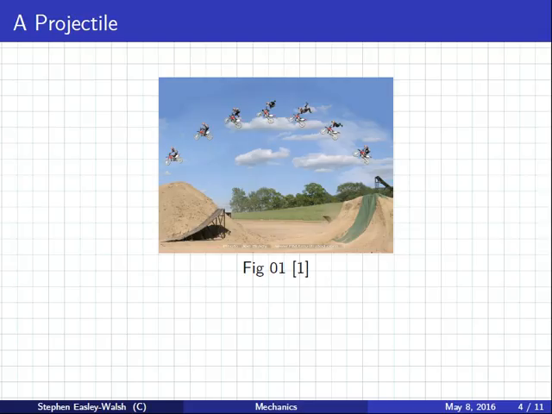Now it's a projectile, and you might say, well, hang on, is it? Because what forces are on the motorcycle? The engine. But the engine stops being a force when it leaves the ground, because the wheels are just spinning. So it's only the gravity force. The engine was a force until he left.